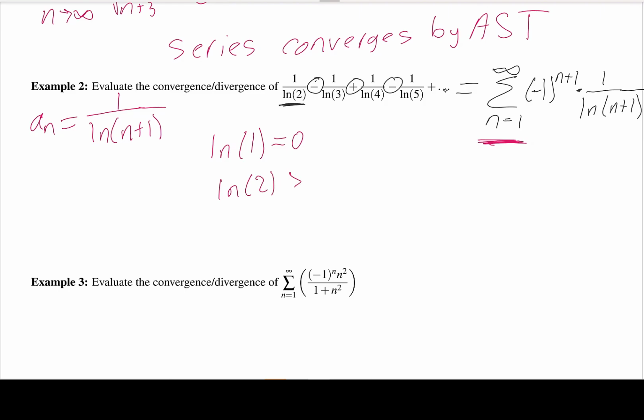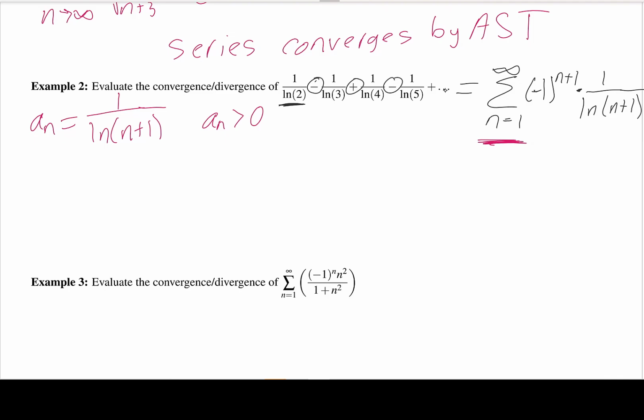This must be greater than the natural log of 1. So the natural log of 2, the natural log of 3, the natural log of 4, and so on, are all going to be positive. What we've shown here is that a sub n is always going to be greater than 0.